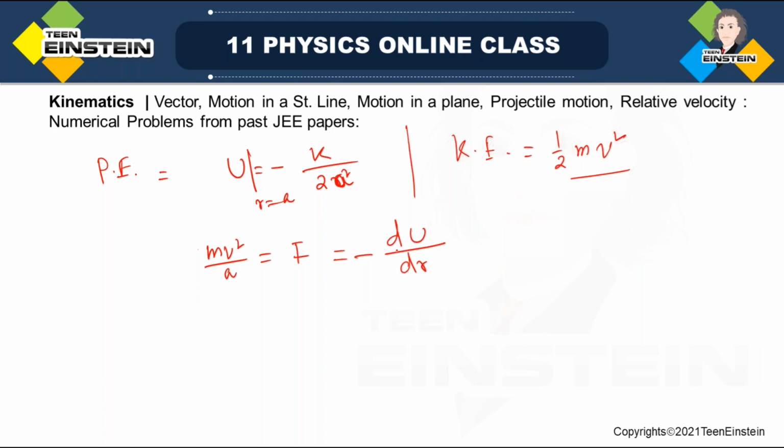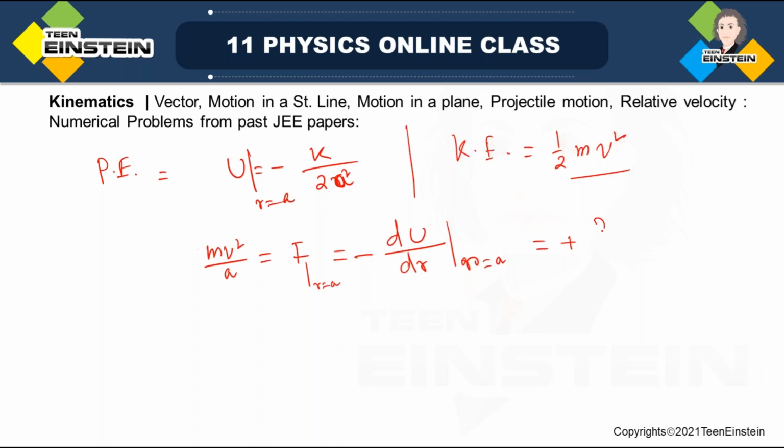Okay, so what is this dU by dr? We can find it from here, and we will just write at r is equal to a. After doing this, we have to write, so we'll get a plus sign over here.